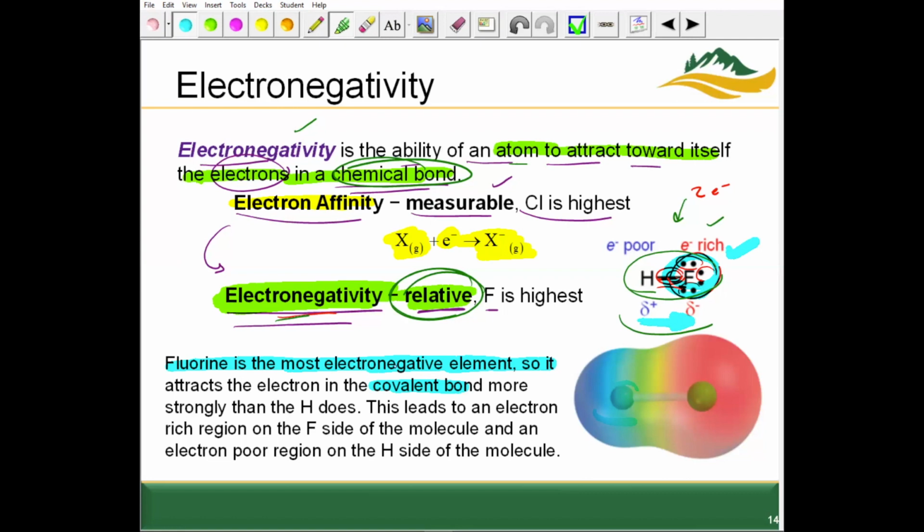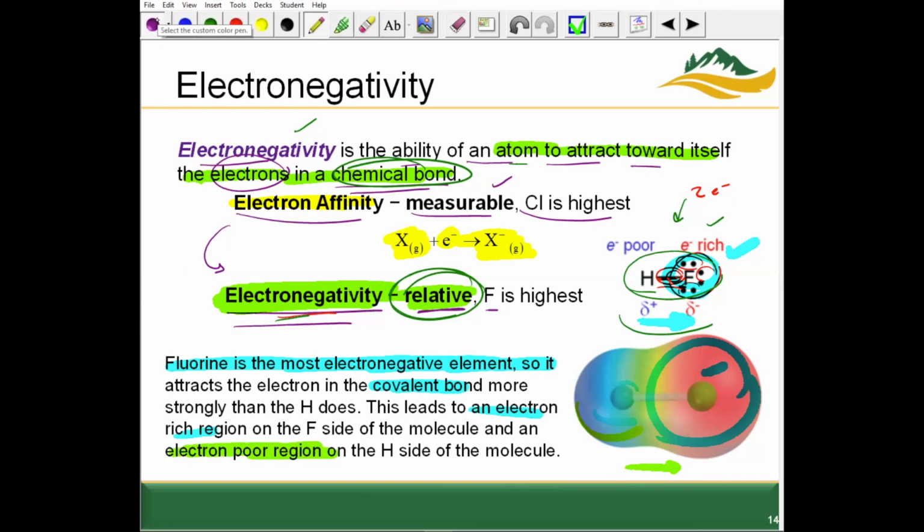Because of the high electronegativity of fluorine, this leads to an electron-rich region on the fluorine side of the atom, or on the fluorine side of this molecule near the fluorine atom. Then because this electron density is pulled this way, that leaves the hydrogen side of this HF molecule slightly electron deficient or electron poor.